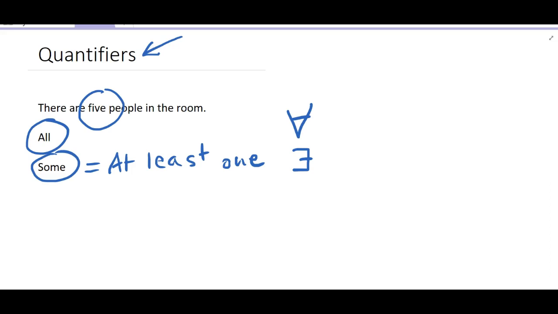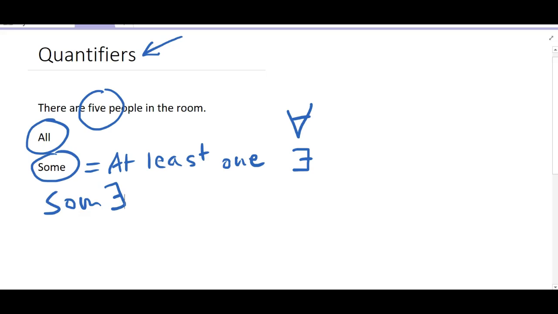I suppose it's easy because the upside down A obviously correlates with the A in all, and the backwards E, you can remember based on the fact that the last letter in the word some is an E.